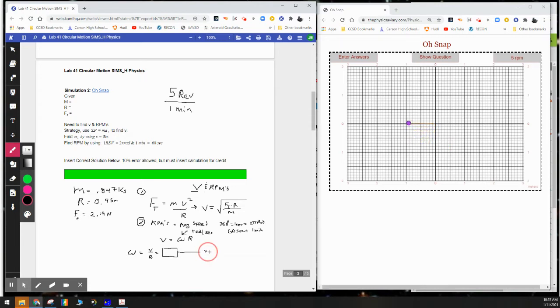We need 2 pi radians here and 1 revolution here, and then times 60 seconds here and 1 minute here, and that gives us RPMs.